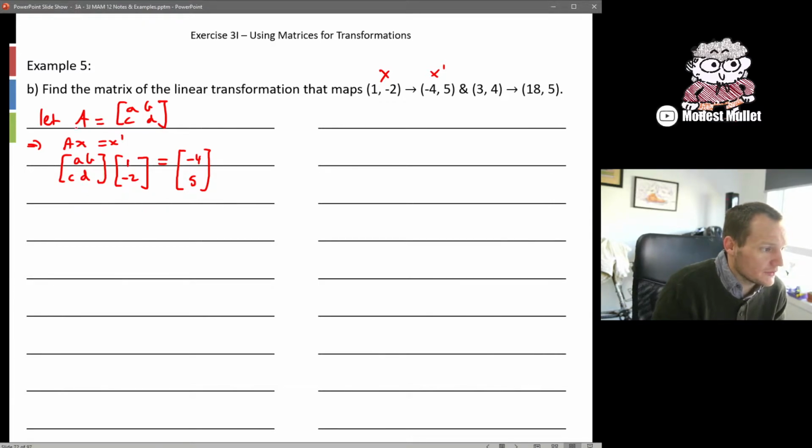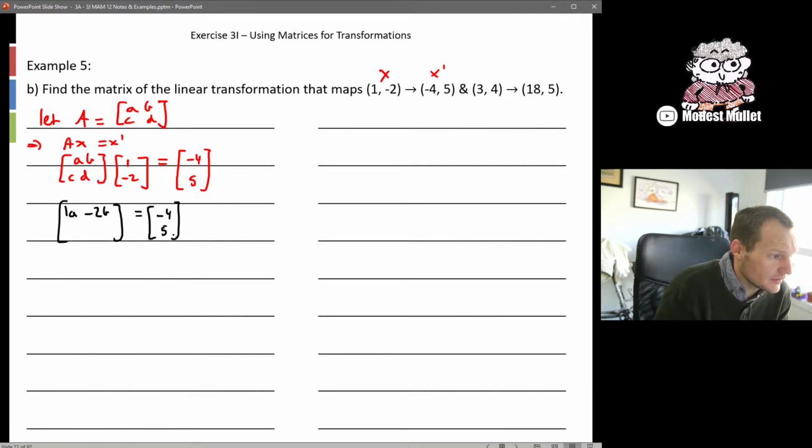We multiply the first row by the first column, so we get 1a minus b equal to 5. And then we get c take away d equal to 5. So we get two equations there. So that's for transformation 1.